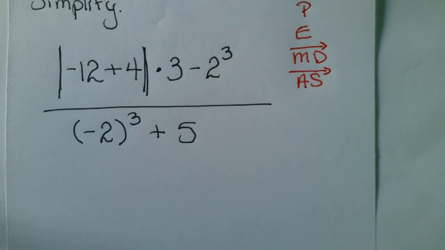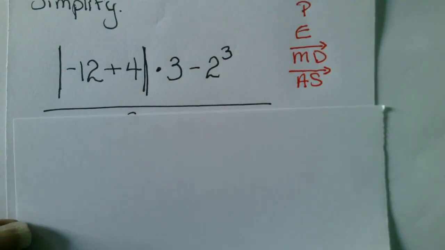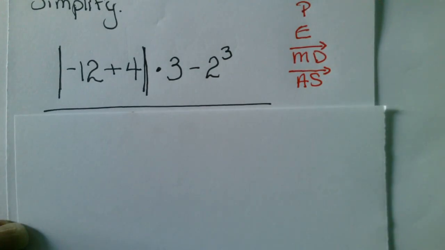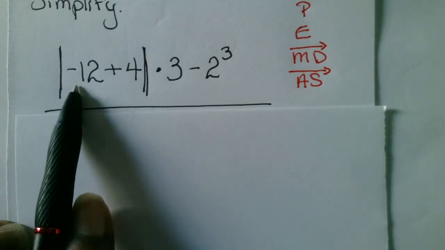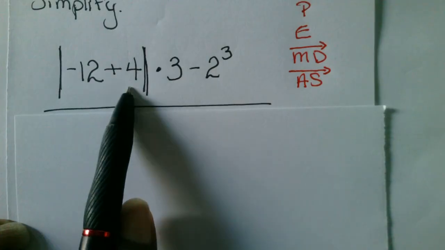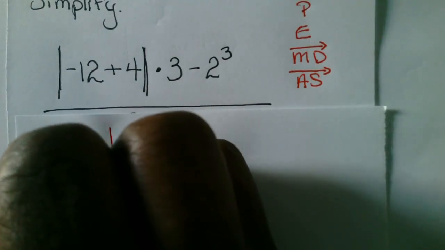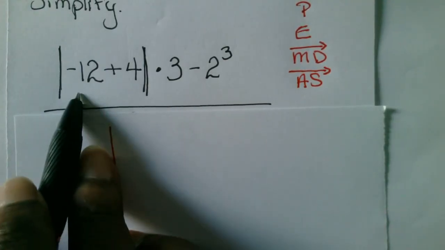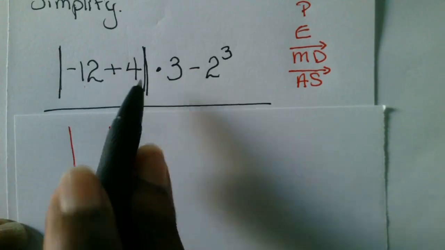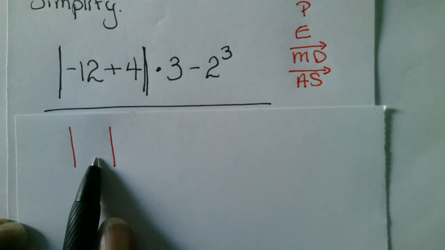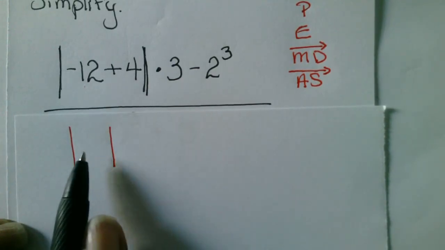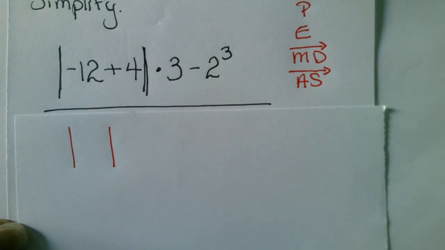Take it step by step. Let's work on the numerator. Here we have the absolute value of negative 12 plus 4. That gives me the absolute value of what? Go ahead and put that into the chat.